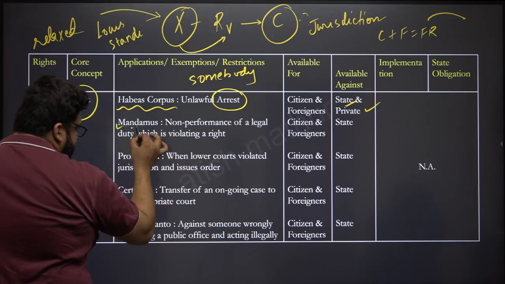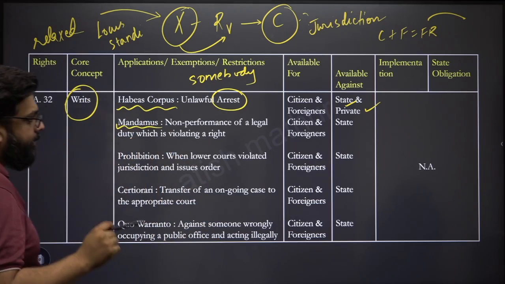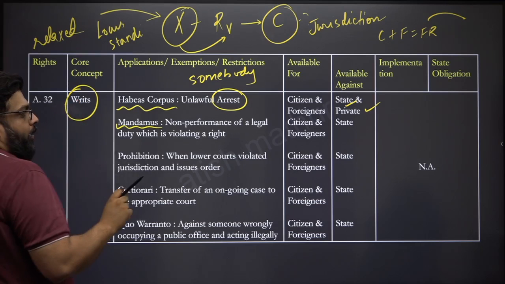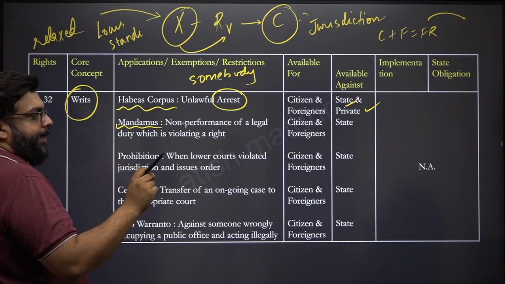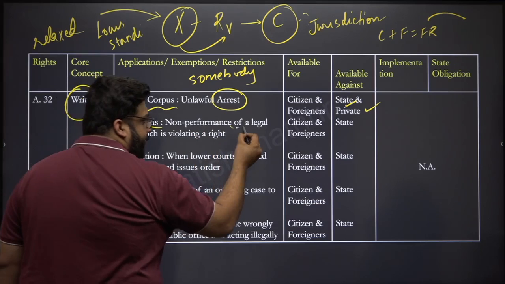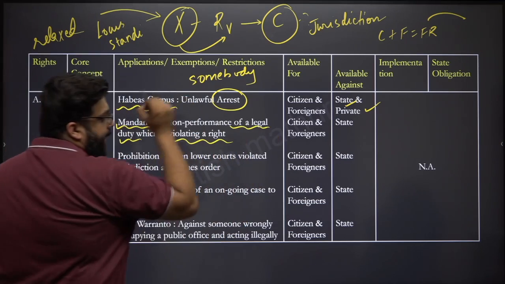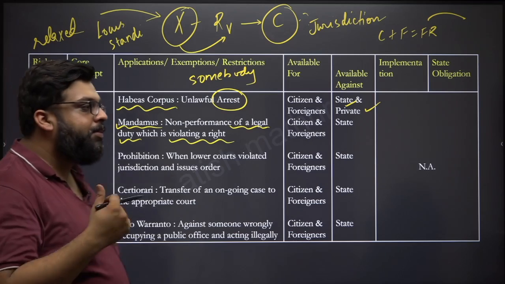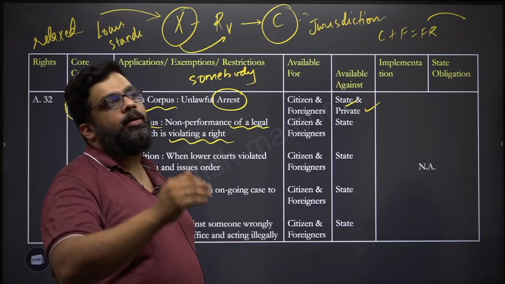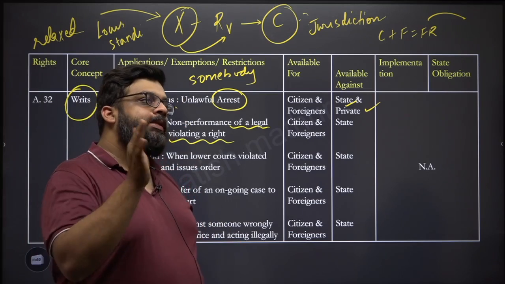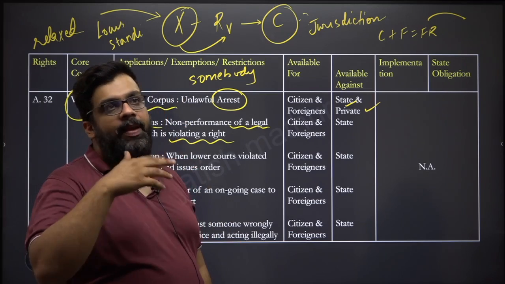Now, mandamus. Mandamus is an order issued by the court when somebody is not performing a legal duty, which is violating a right. For example, if somebody stops me from boarding a train saying that I am too heavy for the train, they're discriminating against me on the basis of my weight.